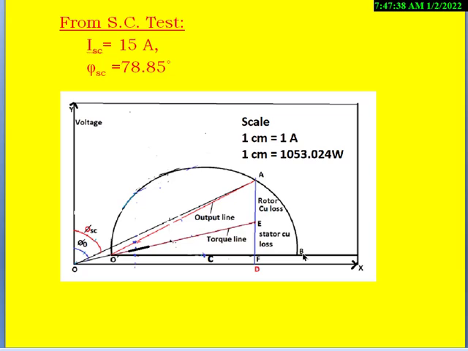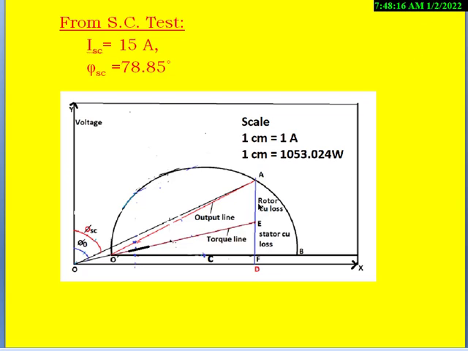Now draw a line from A to the OX, which is parallel to the y-axis, that is the voltage axis, like this, and that line will become AD.